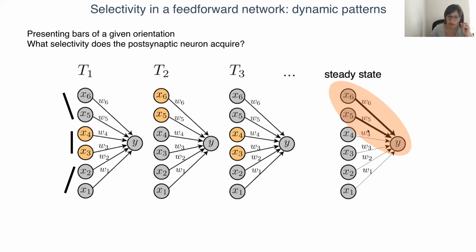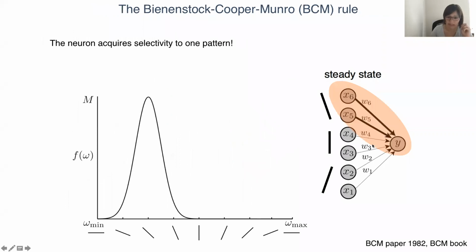I've denoted that here by the thicker arrows, and the thinner arrows denote very weak connections. That's basically what they showed. You have to look at the book to really understand the mathematics for why this particular rule enables this to happen. And this matches, of course, nicely what Hubel and Wiesel showed.